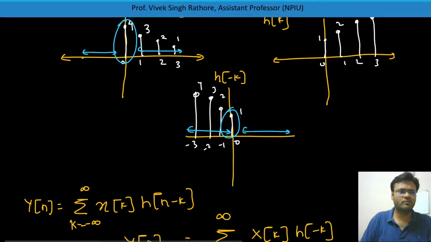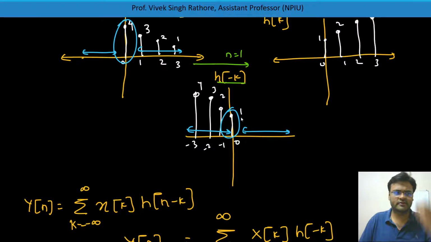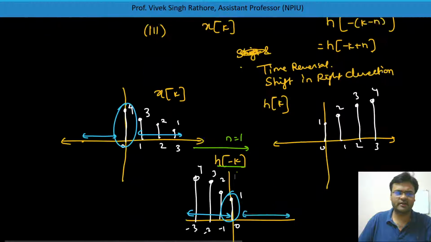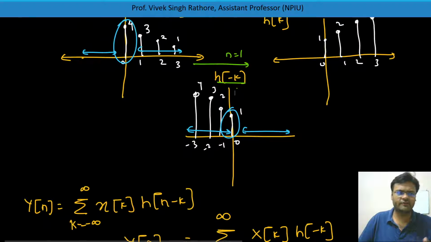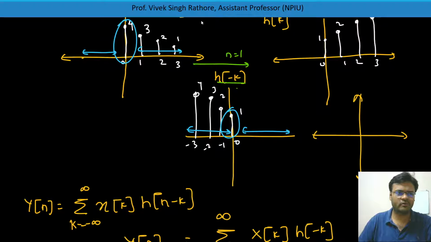I'll show it with green color. H of minus k was there, and actually you need to shift only once. For n is equal to 1, we shift one step to the right, because it was h of n minus k. So for h of n minus k, we'll plot here. I won't show all values, I will show you for some values. You can understand more after that.